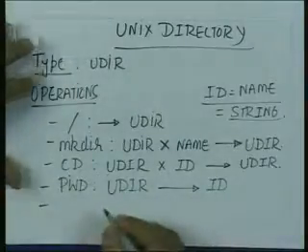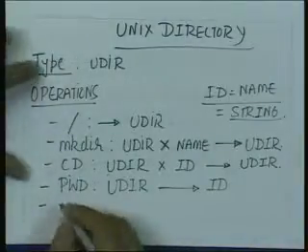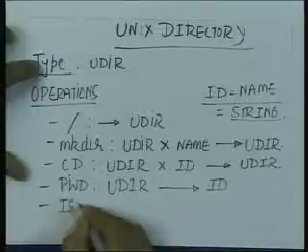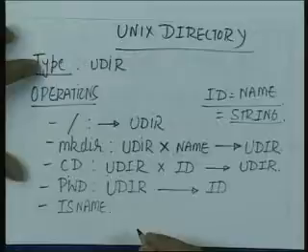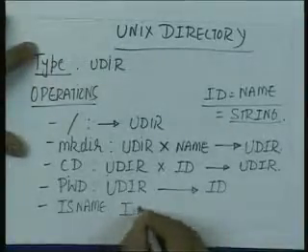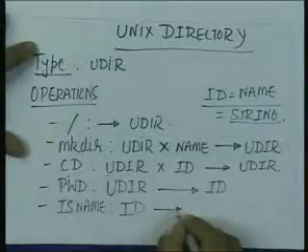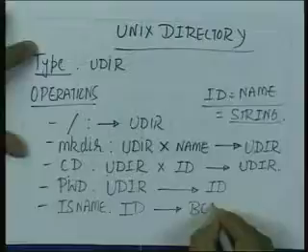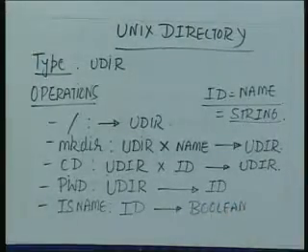These are the basic operations. One more basic operation that you can think of that might be useful is to determine whether a given directory exists on this file system. So you can say that here is an ID, search the entire file system for me and return me a boolean to say whether this is indeed a directory that exists within this file system.